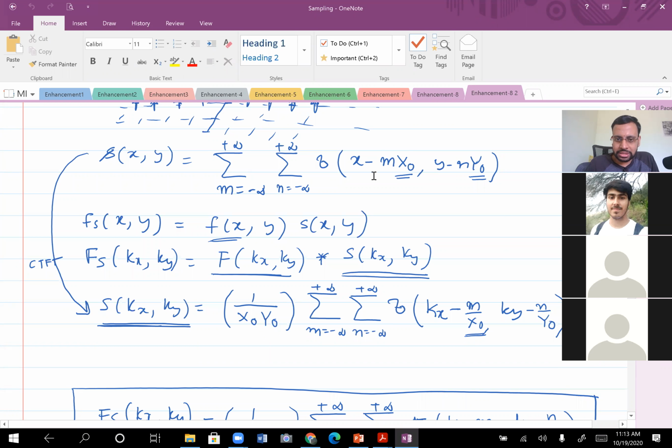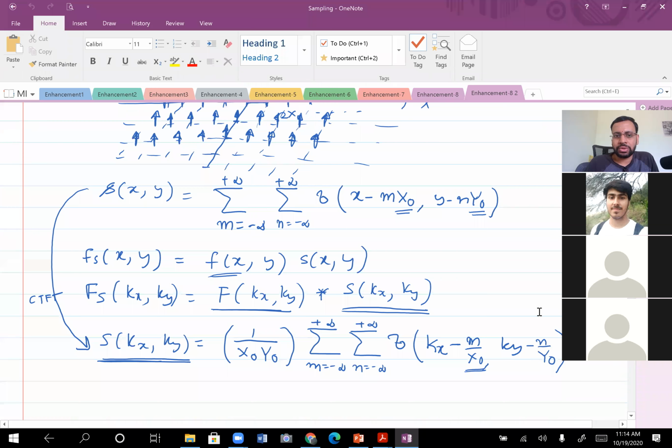Just like earlier, when you had this function alone, you had 1 by x naught and integer multiples of 1 by x naught here. You have this also, that would additionally give you multiplication of 1 by y naught. These were separable impulse functions that you could write as a sequence of impulses, so 1 by y naught and n by y naught.